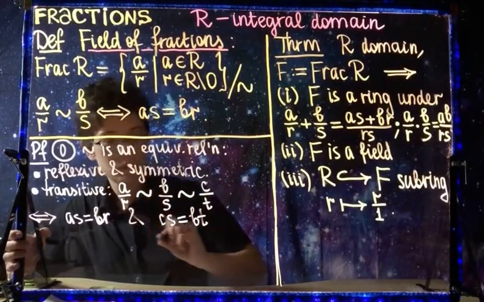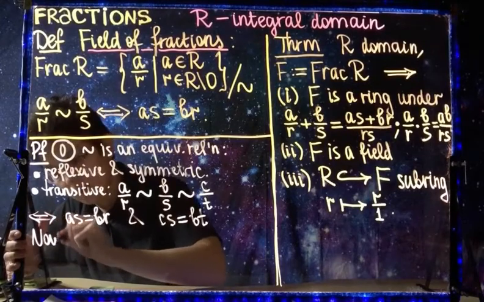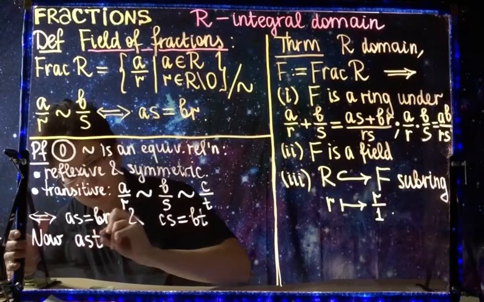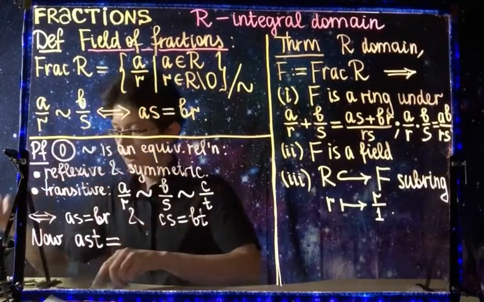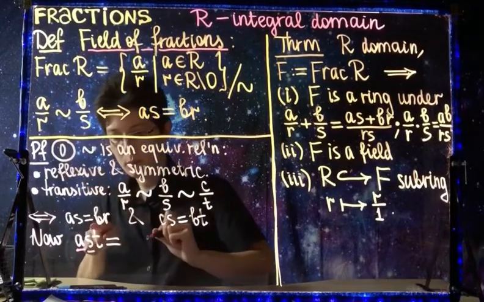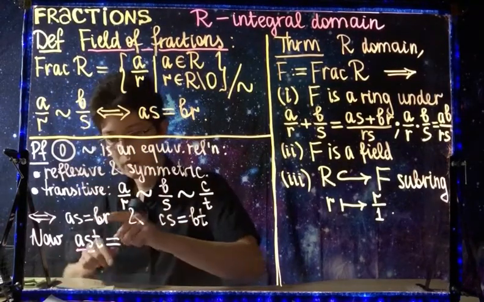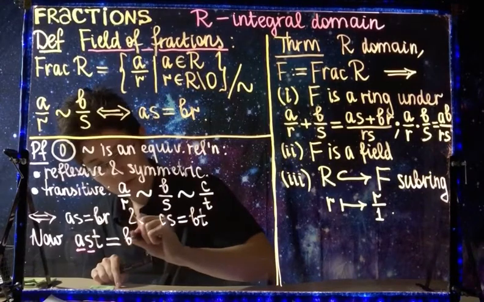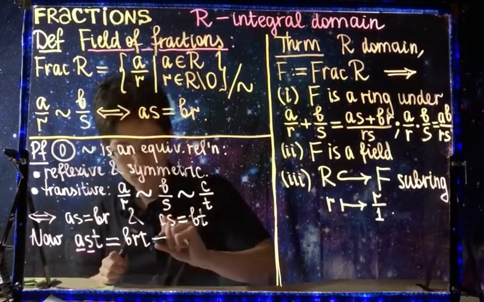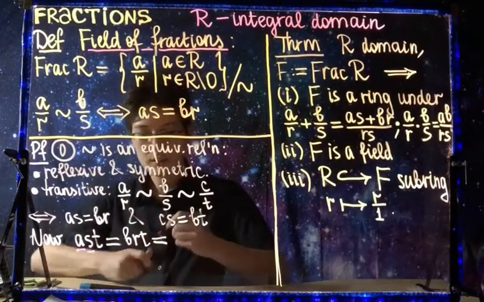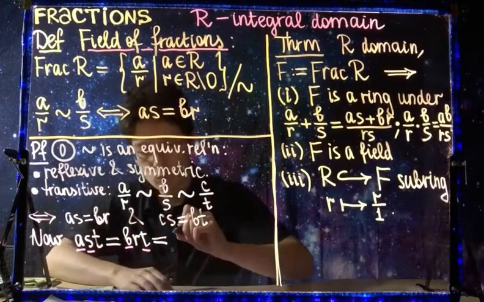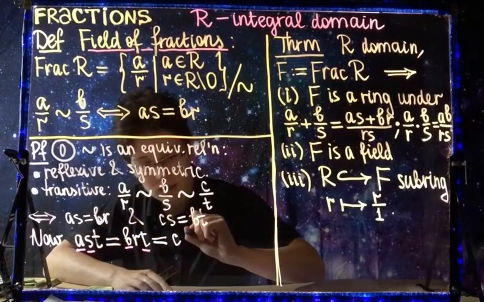Now, consider the element AST, the product AST. It is equal to BRT via this equality. And further, in the second equality, we change BT to CS, so we get CSR.